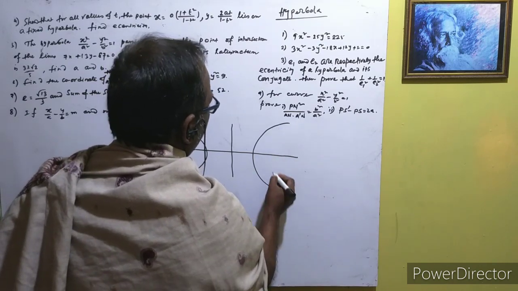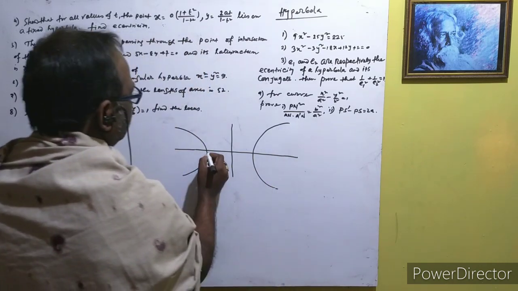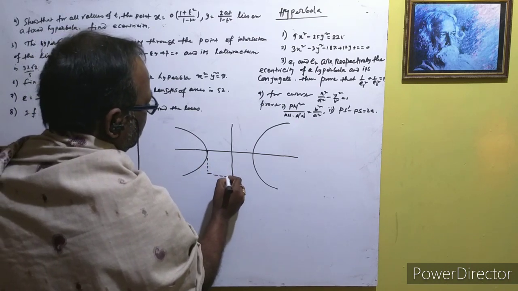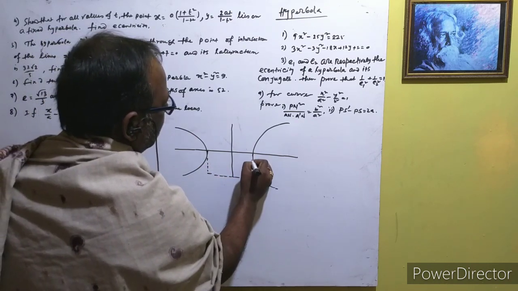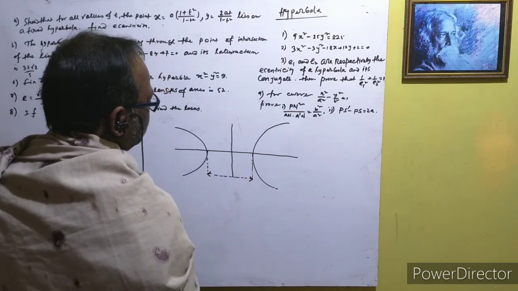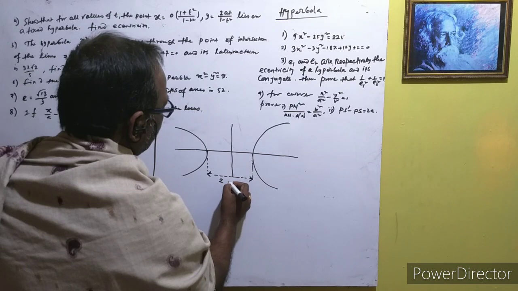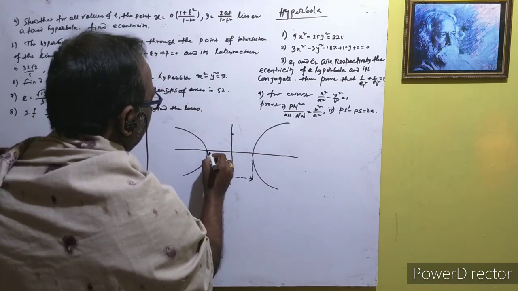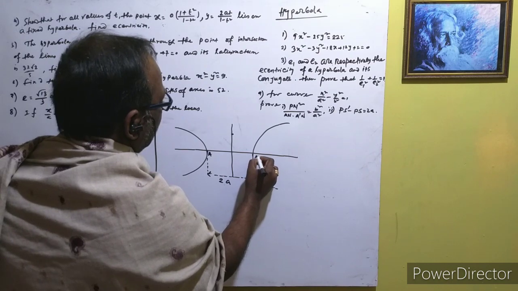Okay, and this length is called 2A. Here are A and A dash.